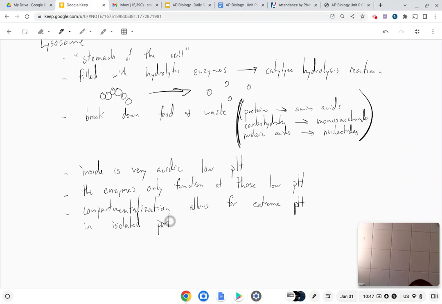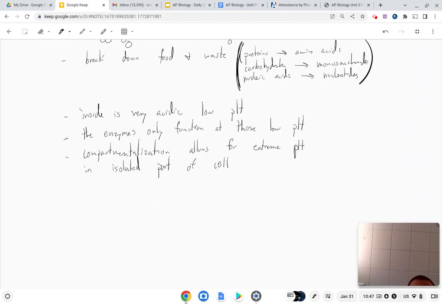So, in other words, a prokaryote would not be able to produce extreme pHs because it would damage itself, right? If you produced a really acidic environment inside the prokaryote, the whole rest of the cell would be affected by that because there's no way to isolate the acidity.